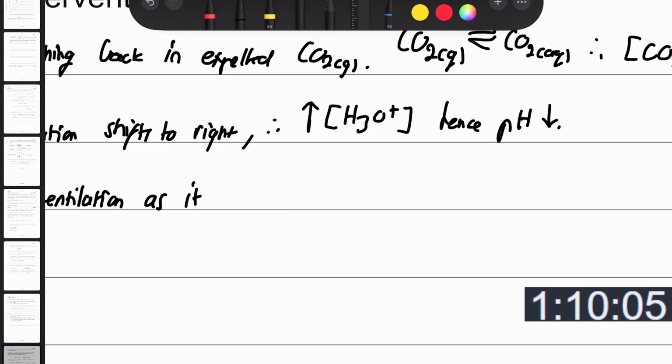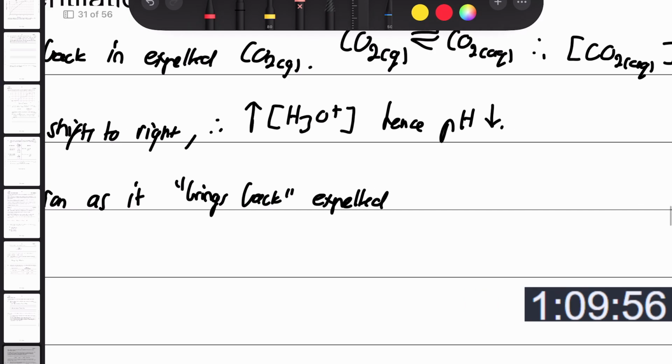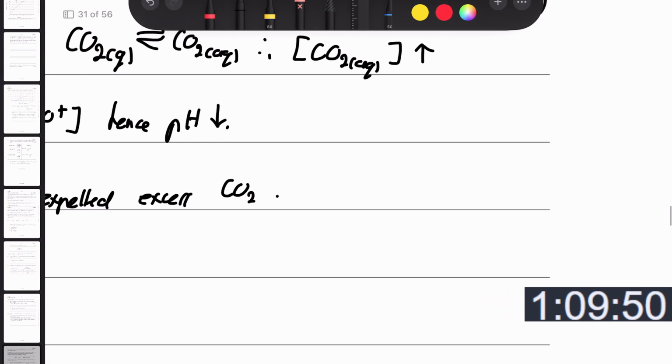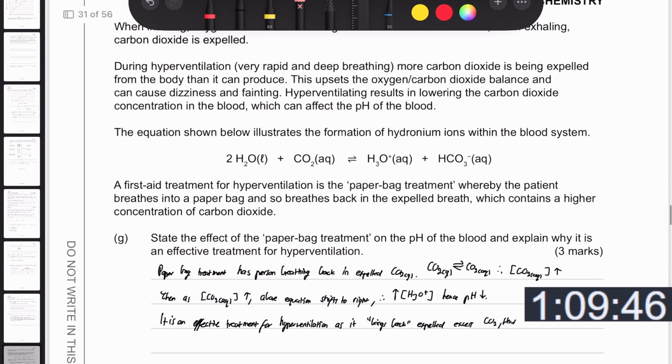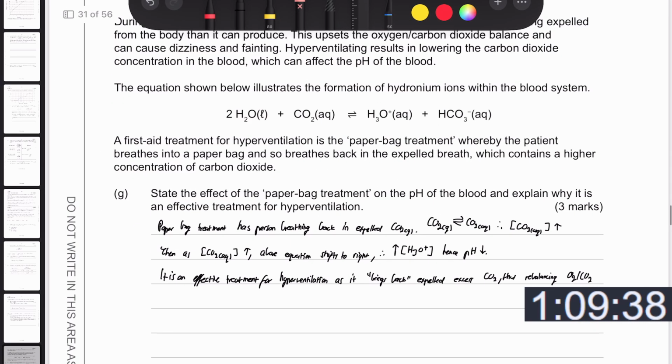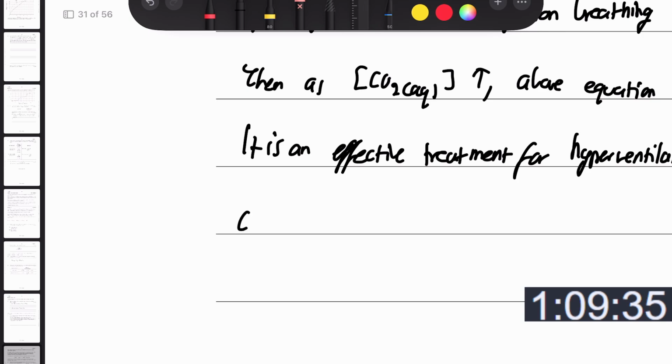As it brings back the expelled excess CO2. Thus, bringing back the balance, thus rebalancing the O2 CO2 concentration in blood.